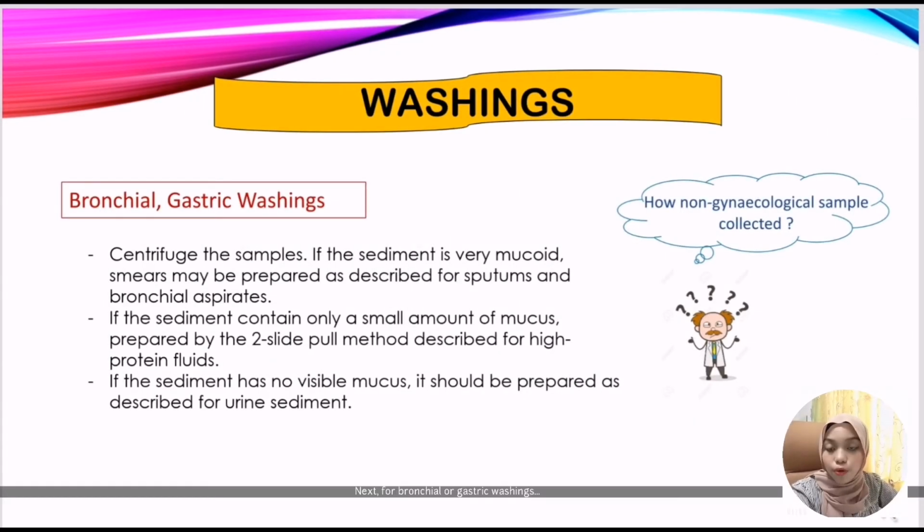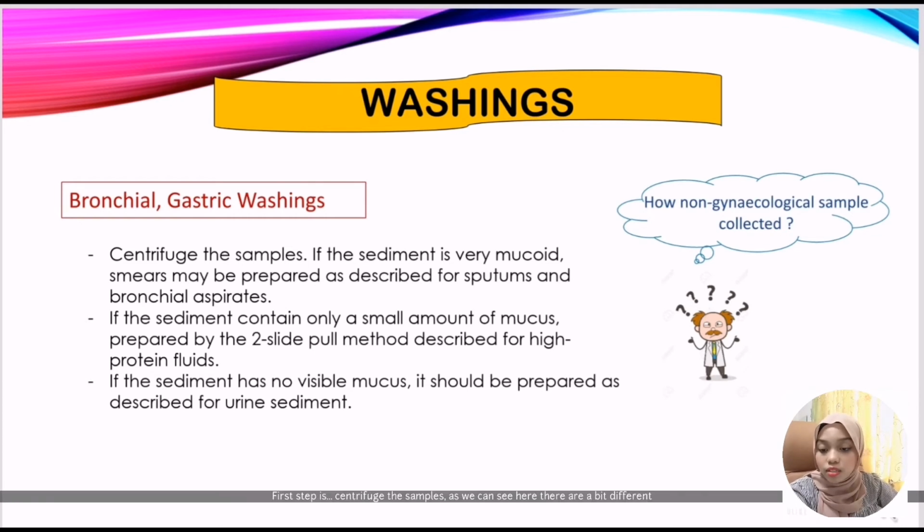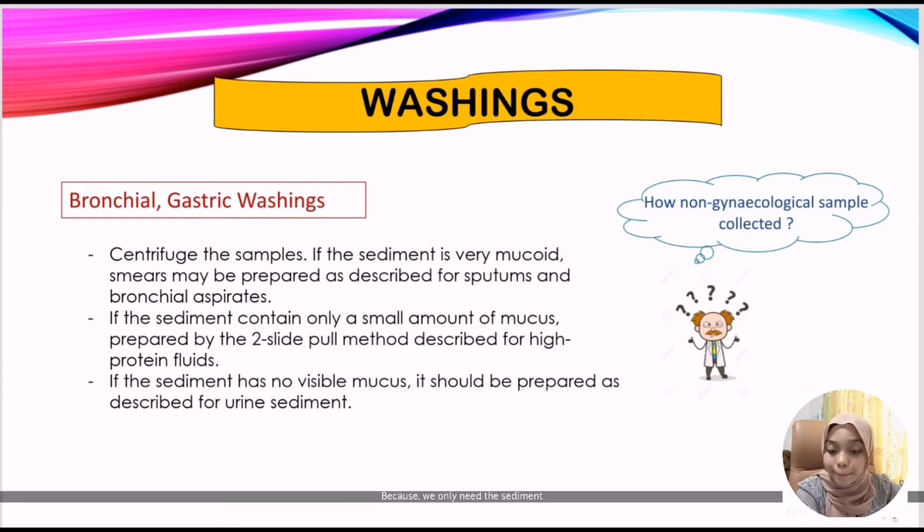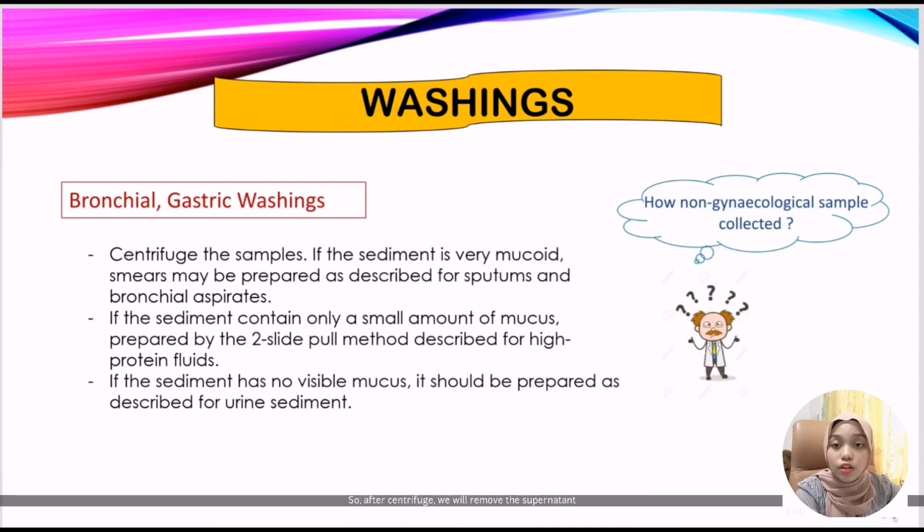Next, for bronchial or gastric washings, the first step is to centrifuge the samples. As we can see here, they are a bit different from other types, where we need to centrifuge the samples first, because we only need the sediment. After we centrifuge, we will remove the supernatant.